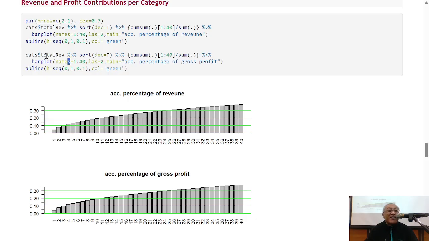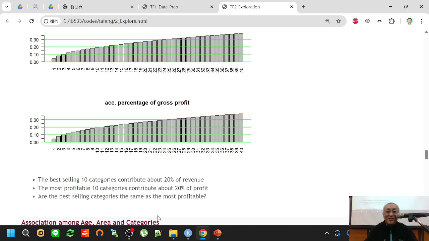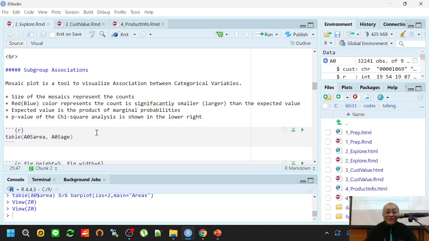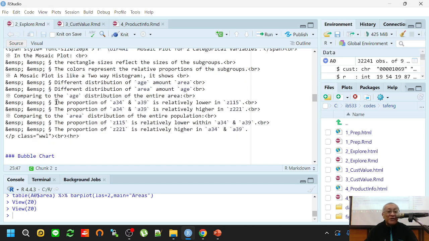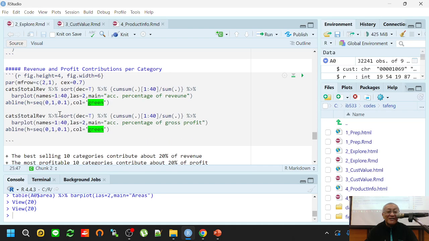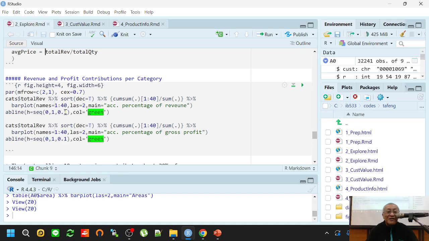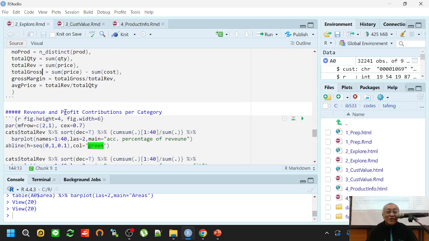So there's a mistake here. Let's do a correction. Sorry, I have not used this material for years. So here should be what? Should be the total gross profit, right?